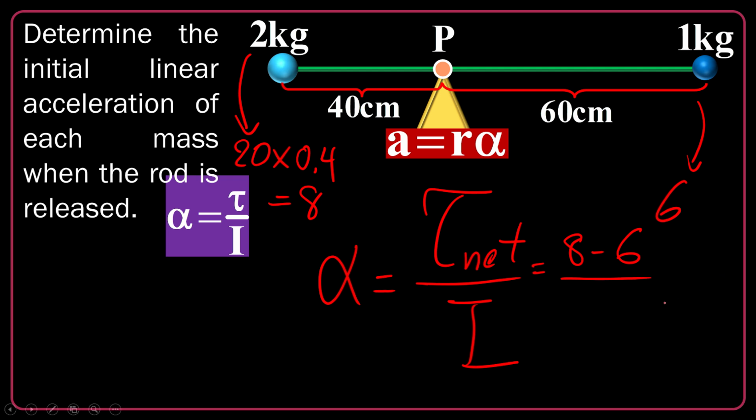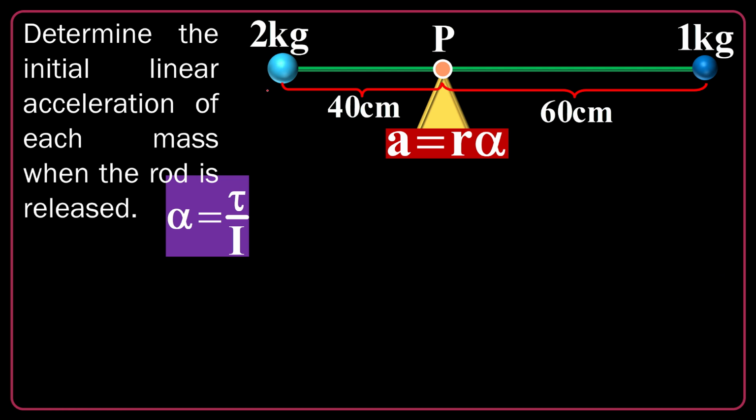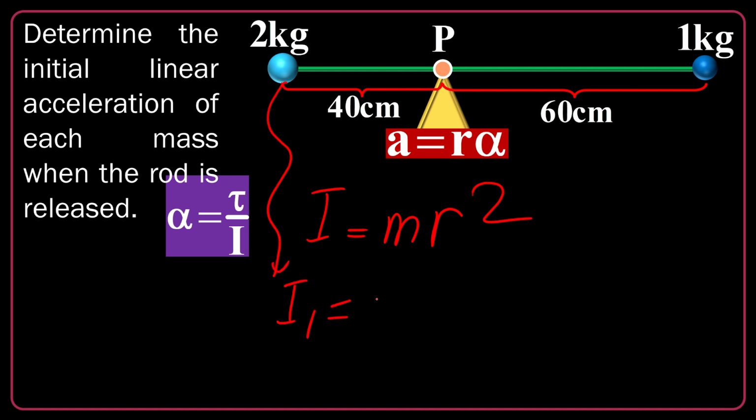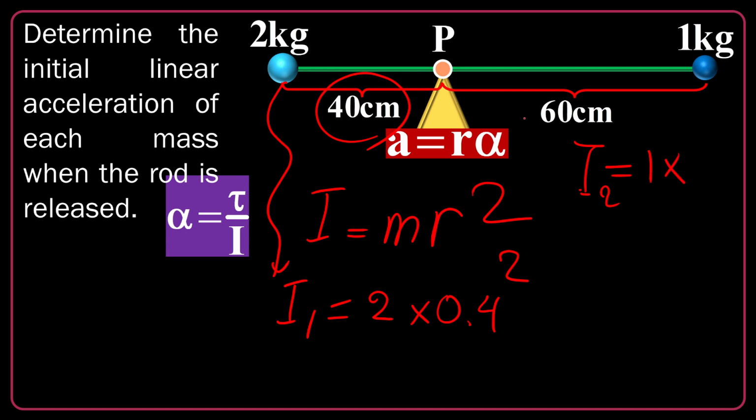So the net torque is 8 minus 6 divided by I. What the I is, guys, these are point masses. A point mass has I equals m r squared. So I1 for this is supposed to be 2 kilogram times r squared, 0.4 squared. I2, the moment of inertia of the other object, will be mass times r squared, 0.6 squared.